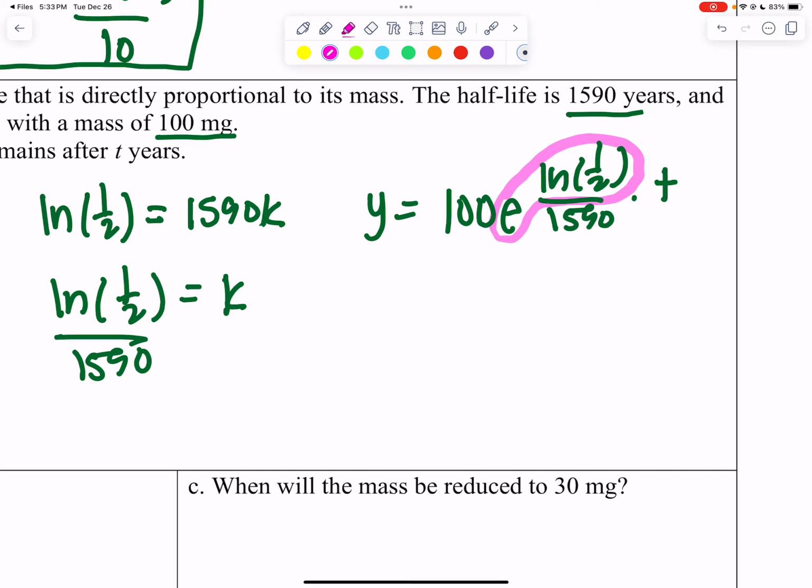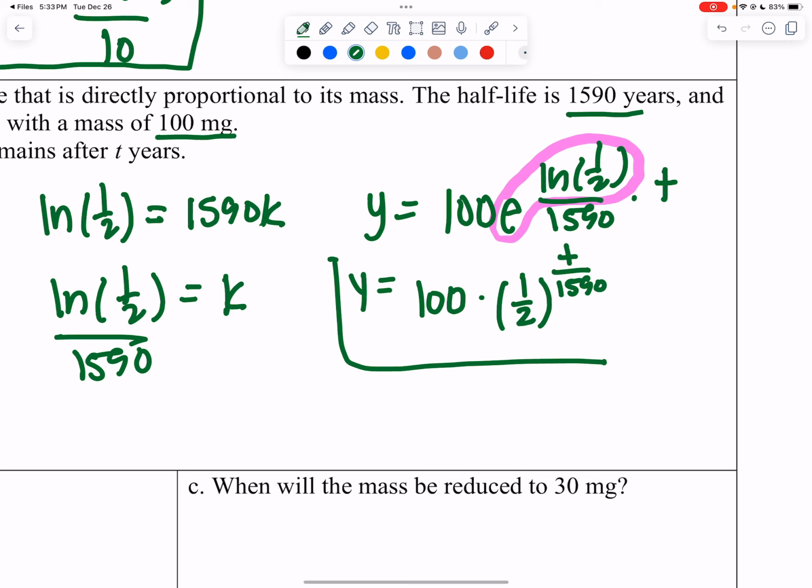So what we're going to do is e to the ln of whatever that number is, in this case 1/2, I'm going to have 1/2 as my base now. I still have time t, and of course I still have 1590 in terms of my denominator, and look at what we have, the half-life formula. Isn't that crazy? I know.